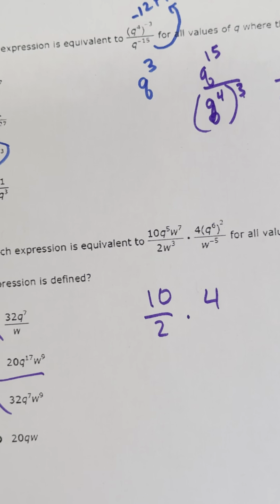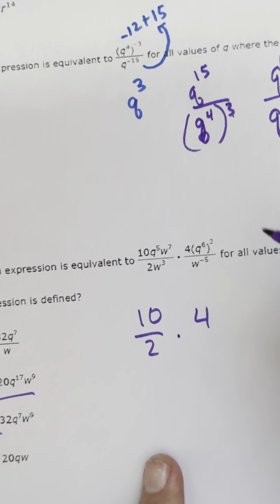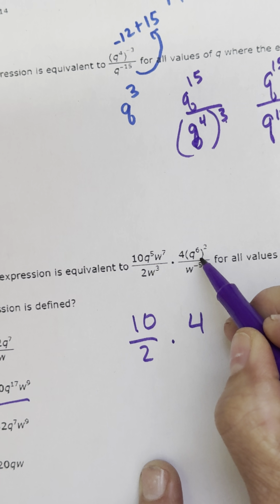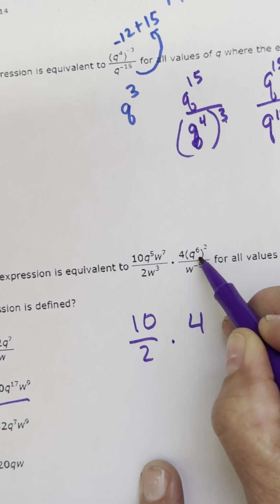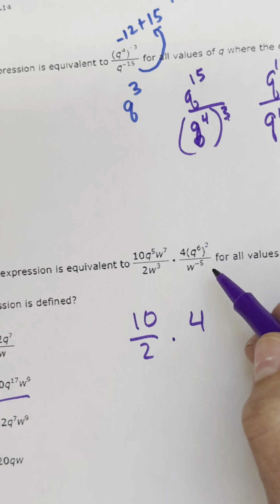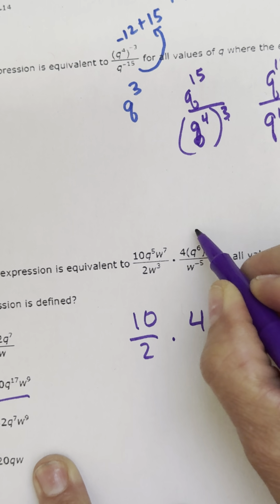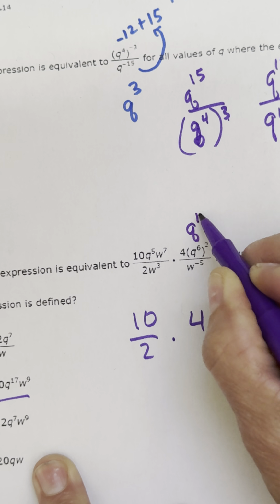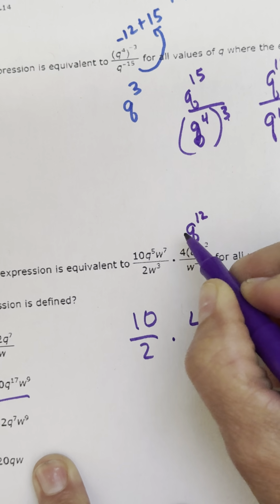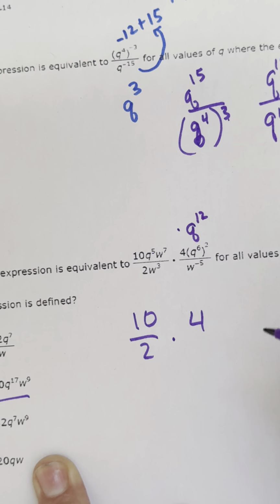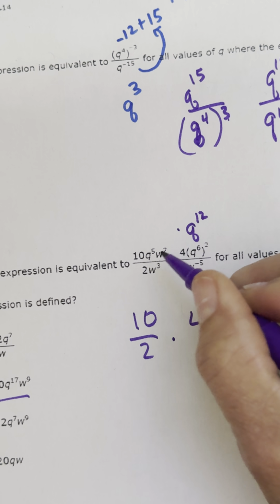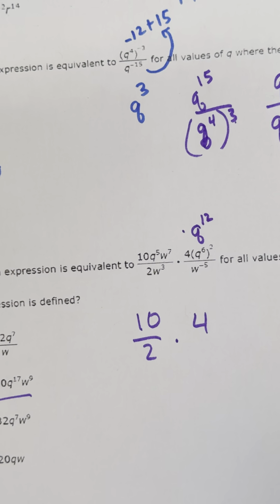So for instance, if you wanted to do q's, you have q to the 5th and q to the 6th raised to the 2. So when you raise it to the 2, you multiply. So 2 times 6 is 12. So you get q to the 12th and the q to the 5th. So you add 12 plus 5 is 17.